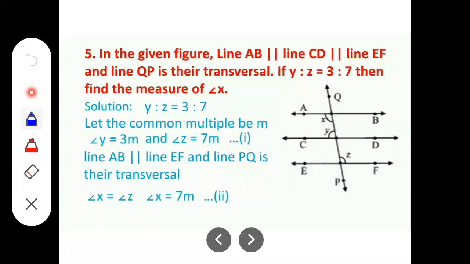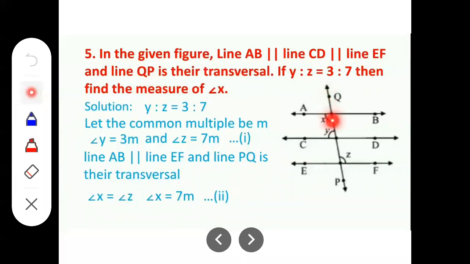Okay, now see another one. What is the example here? Line AB is parallel to line CD, parallel to line EF. That means three lines are parallel to each other. See in the diagram, line AB is parallel to line CD, parallel to line EF, and line QP is their transversal.